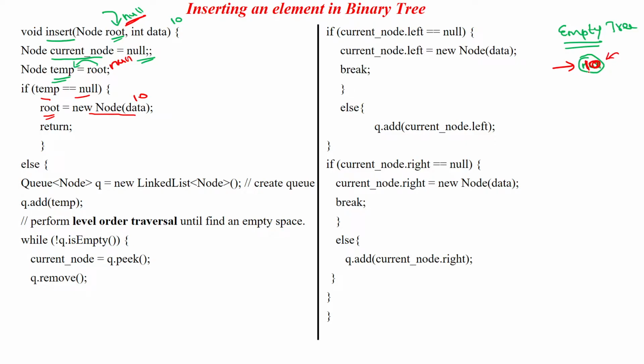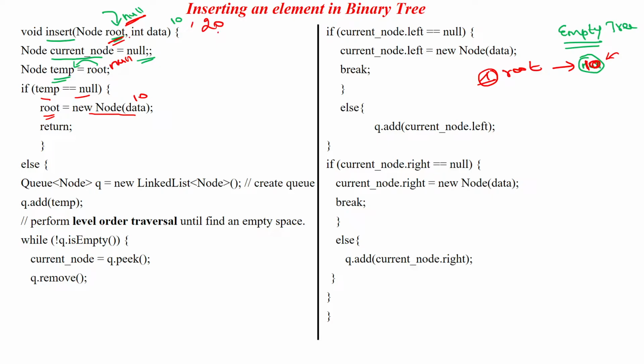Before insertion, there is no node in the tree. Now the tree becomes a tree with a root, so one node is inserted. In the second step, I want to insert 20. Again I pass the root value and the data.